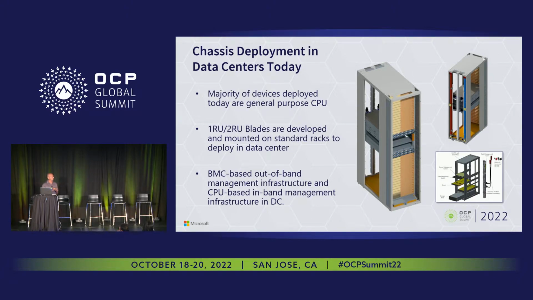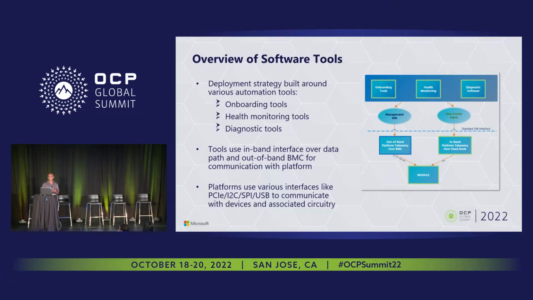In our data center, we have an out-of-band network for management, and then there is an in-band data plane for the workload and some of the management functions. In addition, we also have a set of deployment tools which we use in deploying the devices into our data center.